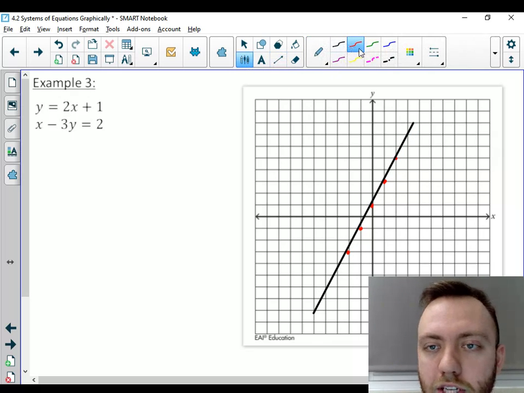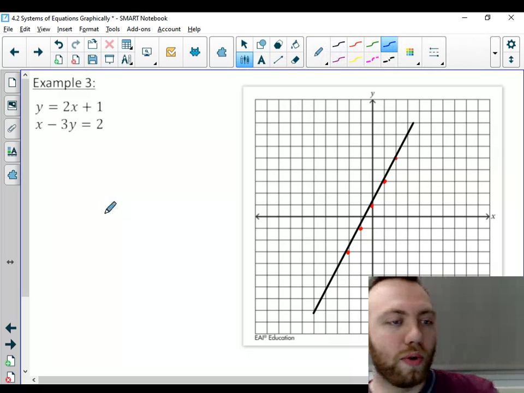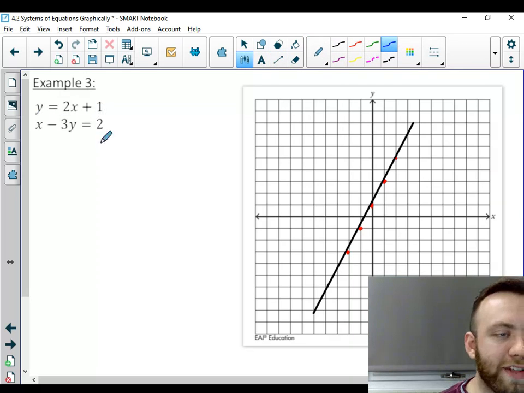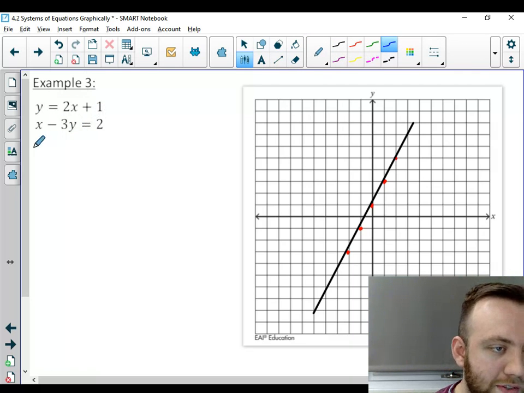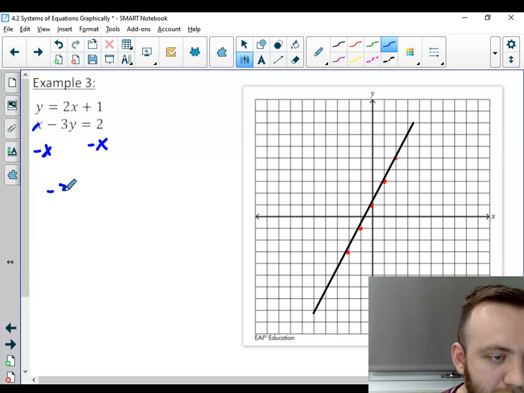Now, here is something that we will have to work with. We can't graph this right away, right? So let's solve for this. The first thing, I'm just going to solve for y so I can graph it. So I'm going to subtract x from both sides. That way these x's go away, and I'm left with negative 3y equals negative x plus 2.